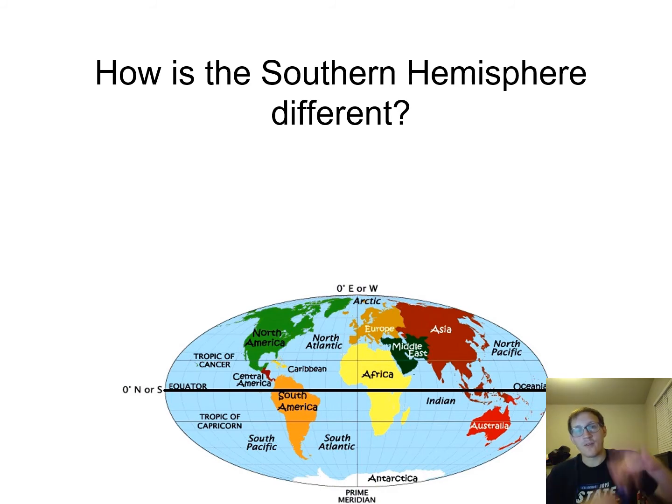When we have our fall equinox in September, they have their spring equinox. When we have our spring equinox in March, they have their fall equinox. So it's literally everything is just flip-flopped, and that is the only difference. They get the same rays, they get the same angles, they're all just at different times throughout the year.